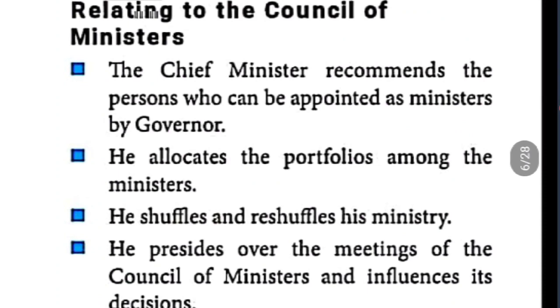The first point: the chief minister recommends persons who can be appointed as ministers by the governor. The second one: the chief minister has the power to allocate the portfolios.